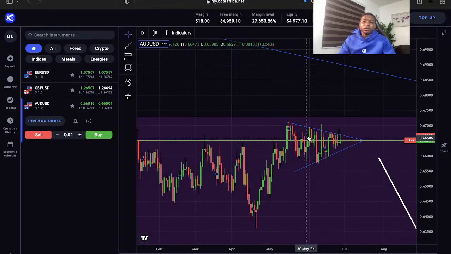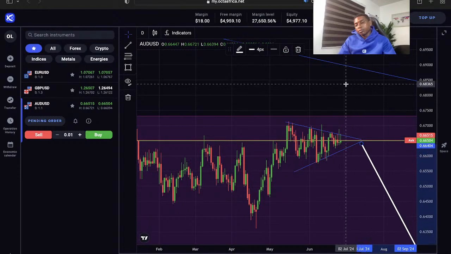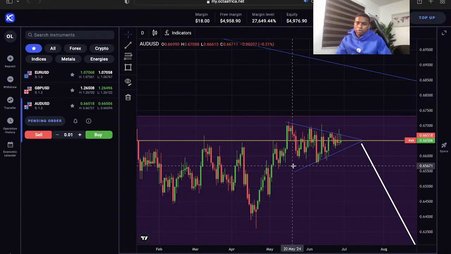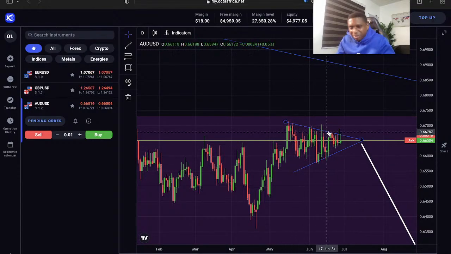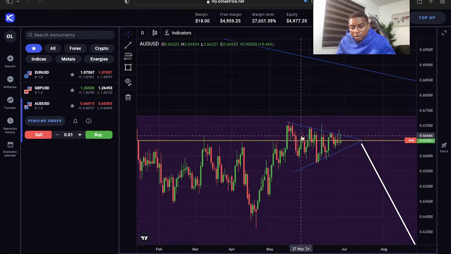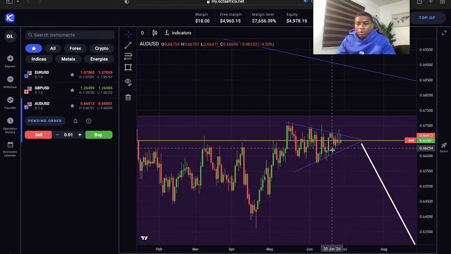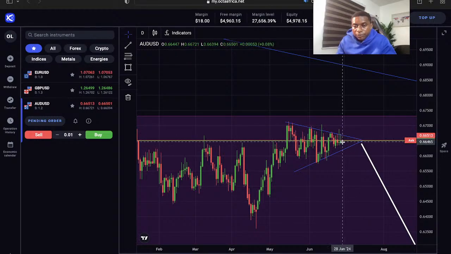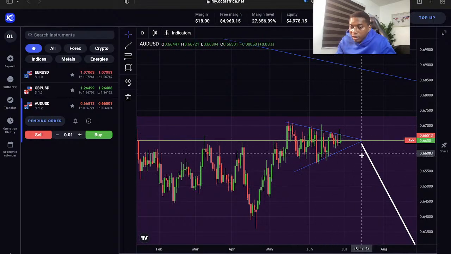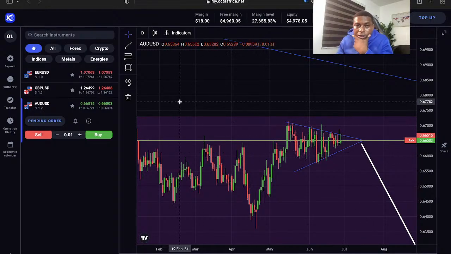When we have something like this, it's quite predictable to know the direction of the market. Here we can see price consolidating at this level, and a breakout from this zone might occur anytime soon. It can be today, it can be tomorrow, it can be next week. So that's it, the Australian dollar USD is a sell.